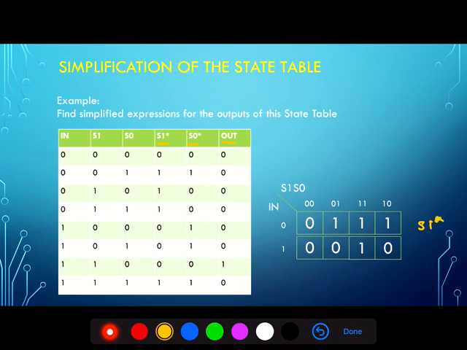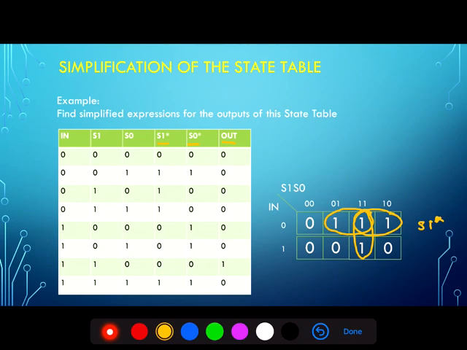We can come up with that simplified expression by looking at the ones in the Karnaugh map to come up with a sum of products expression. When we do that, we'll see that we have three groupings of 2 that describe the simplified representation of the next state of the bit S1.